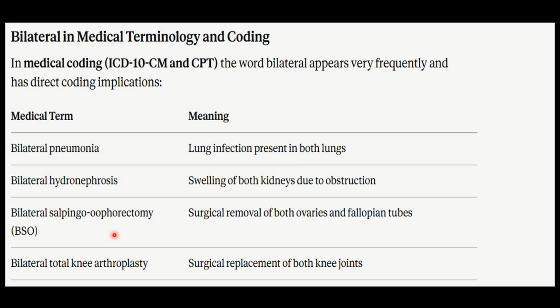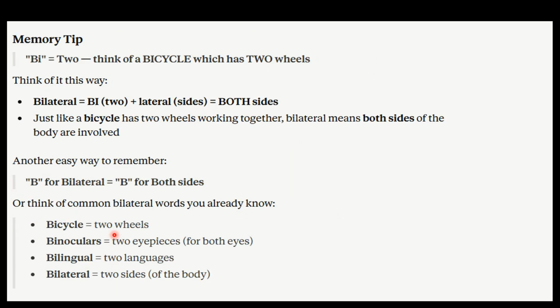So let's move to the next thing, that is the memory tip. As you all are learning so many concepts at the same time, how will you remember them? Okay, so we need to know how we are going to remember this for so long.